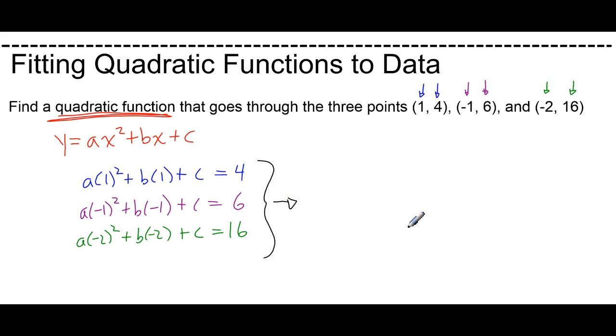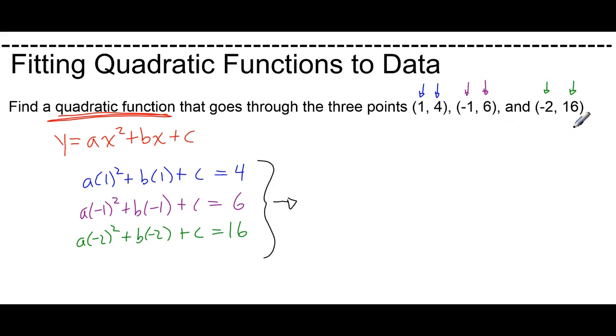Now think about it. If the equation hadn't been ax squared plus bx plus c, if there had been an x cubed term as well, so it had been ax cubed plus bx squared plus cx plus d, if there had been 4 parts to this, you would have needed 4 points. And if it had been a 5th degree polynomial, you would have needed 5 points, and so on.